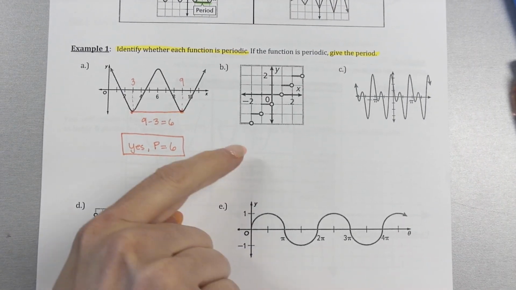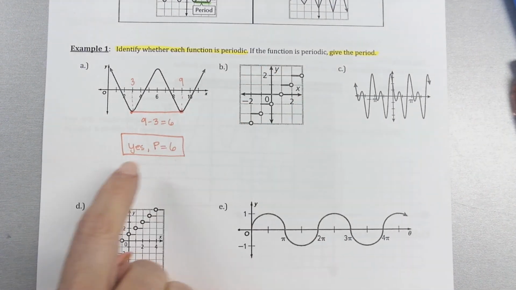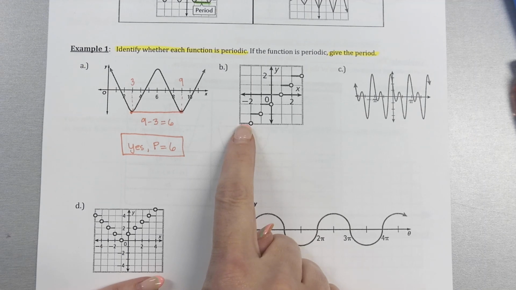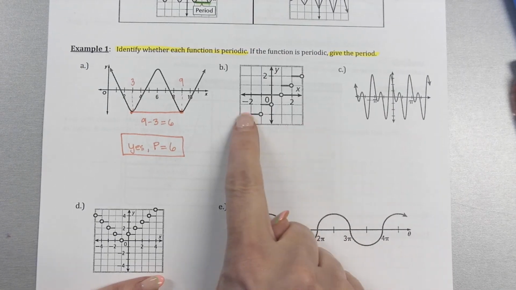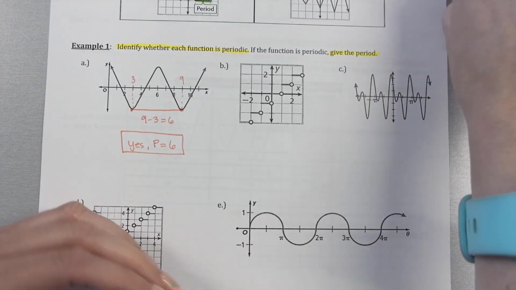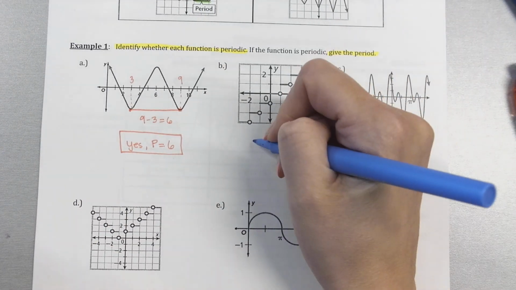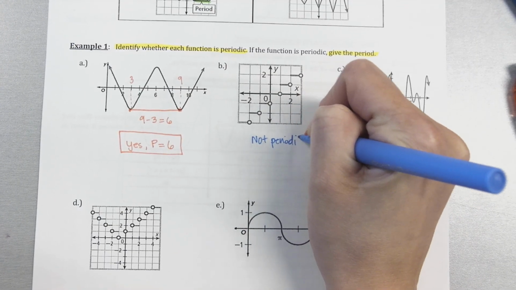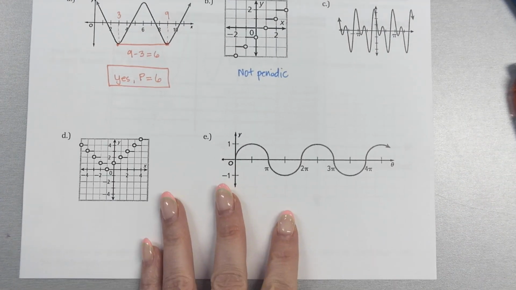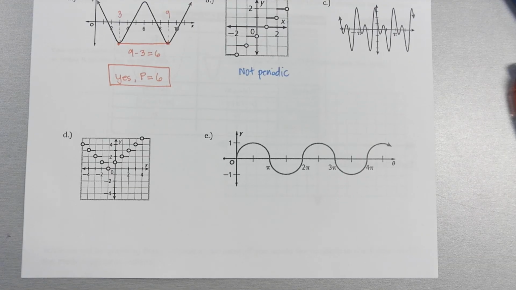Now this one keeps going up, but when something repeats itself, you're going to see it go this way again. So this doesn't even happen again. This would be an example of something that is not periodic. There's one more on this page that's not periodic. Can you find it and write down which one is not periodic?